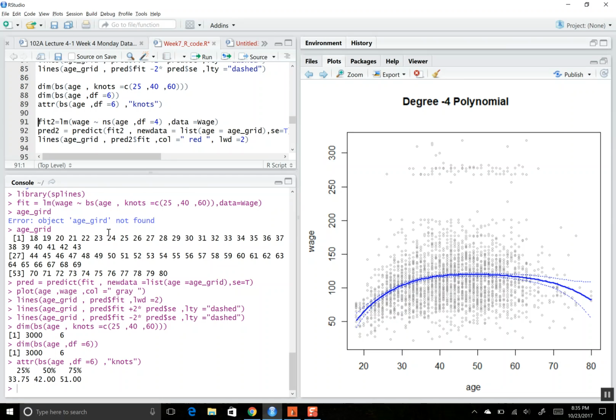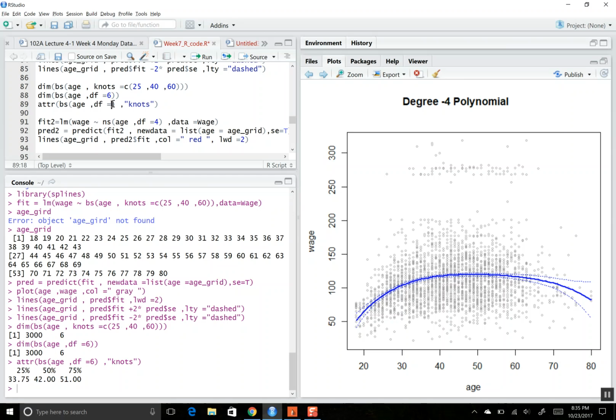If we just said do it with 6 degrees of freedom, it's going to use its own determination as to where the knots should go. It's going to place them at uniform quantile locations. So in this case, because it's fitting cubic order, it's going to place three knots, and it splits it at 25, 50, 70.